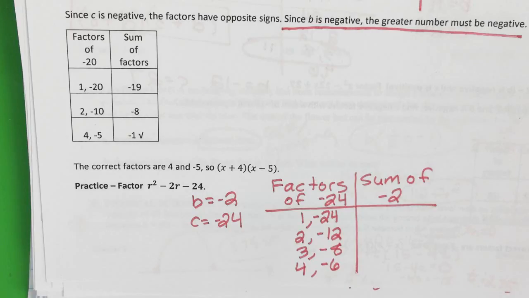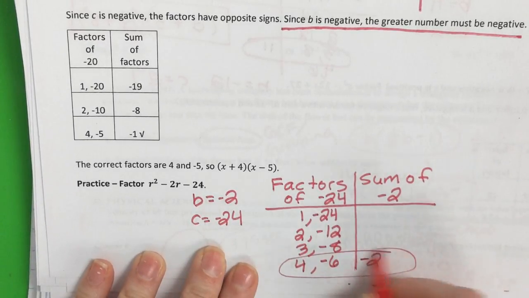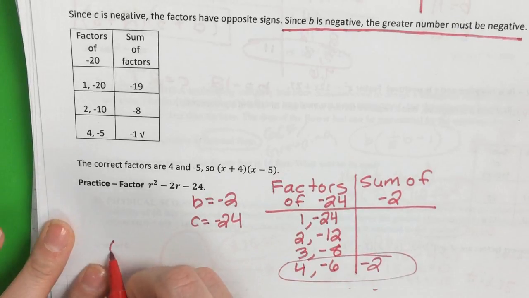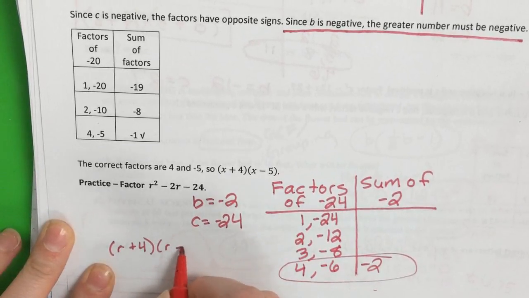Okay, so which factors work? Negative 6 and 4, which equal negative 2. So my answer is going to be r plus 4 times r minus 6.